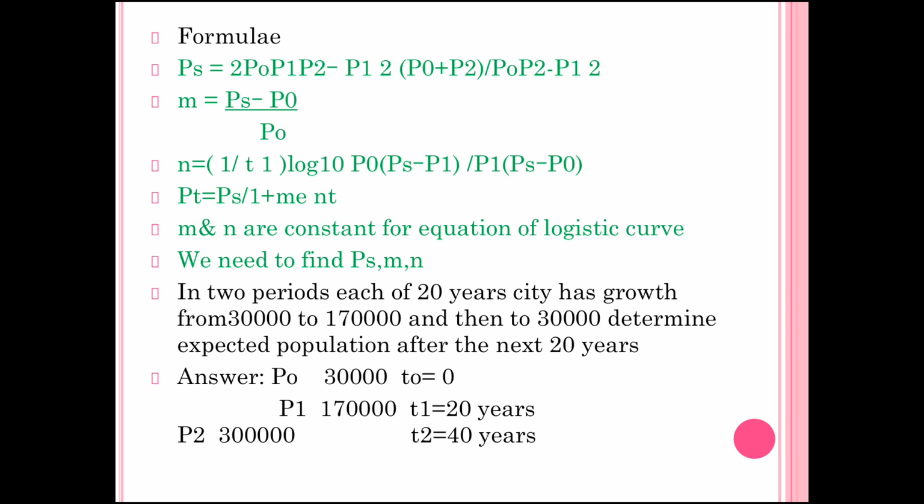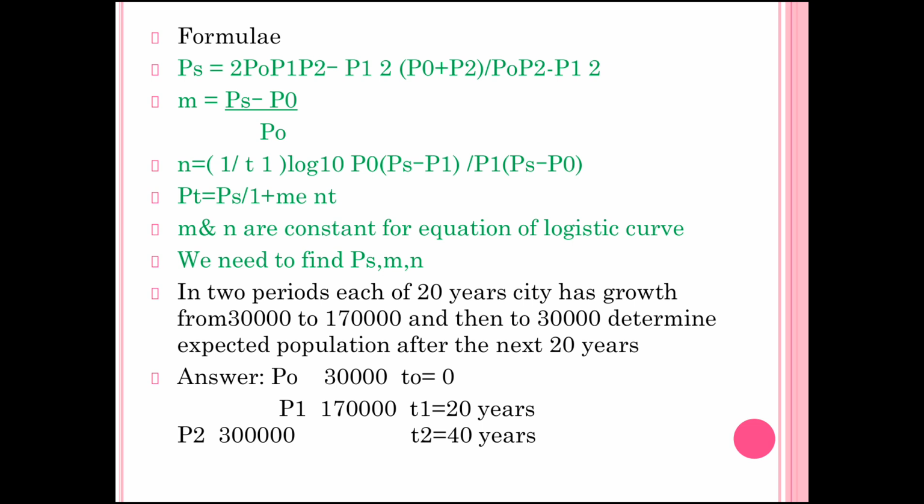In two periods of 20 years each, a city has grown from 3000 to 1,70,000 and then to 3 lakh. Determine the expected population after 20 years, that is, 2 decades. The initial value P0 is 3000 at time t0 equal to 0.